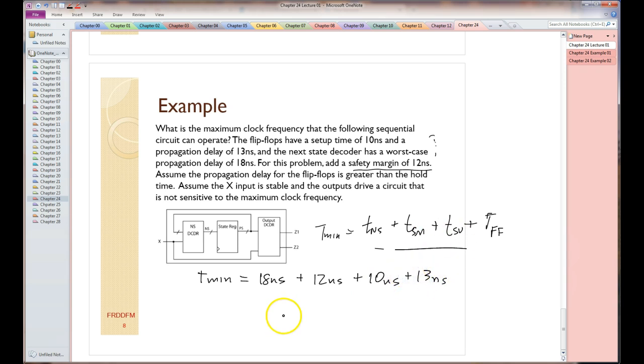Those are my four values. I'm going to add these up. So that's 30, 40, 53 nanoseconds. Tmin. So then by the time I'm done here, frequency max equals 1/53 nanoseconds. And I'm going to leave it at that. Might want to do the math, put it in Hertz form, but this is good enough.